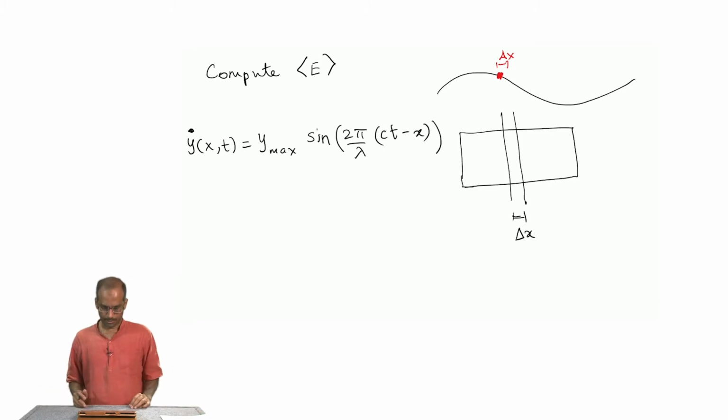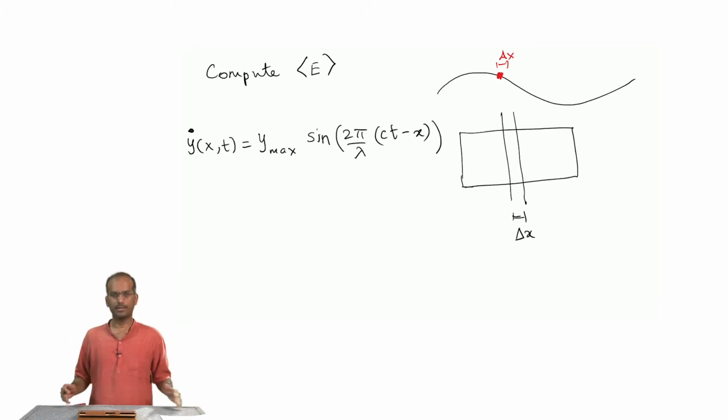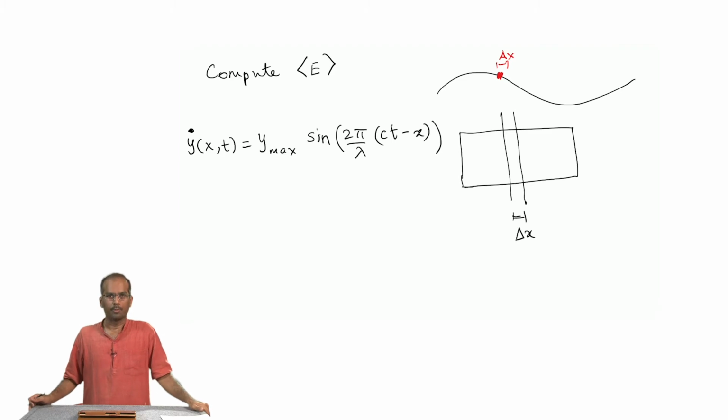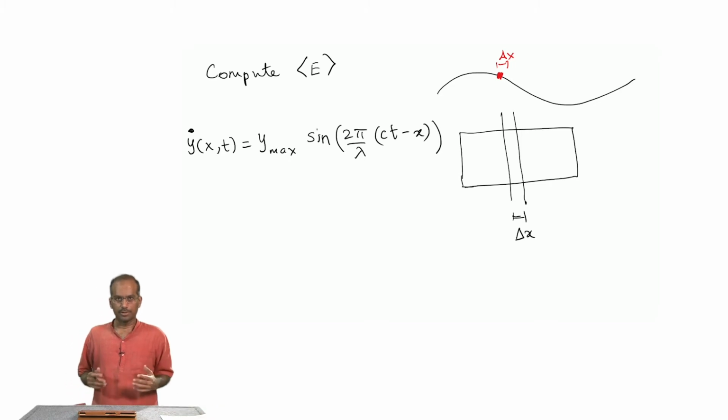Since I want to compute kinetic energy, let me directly state that y dot, which is dou y by dou t, can be written in this form. This implies that I have already chosen some form for the displacement as a function of position and time, and that will be a cos function.